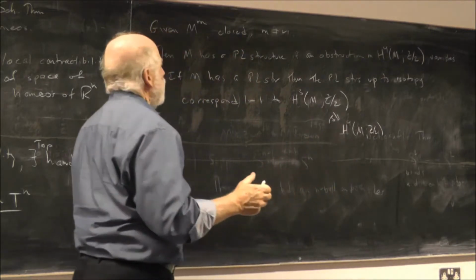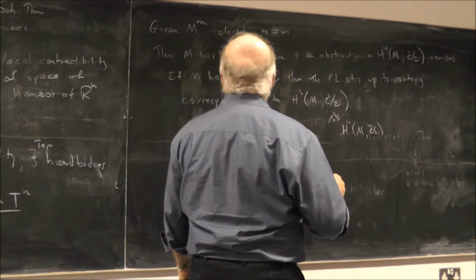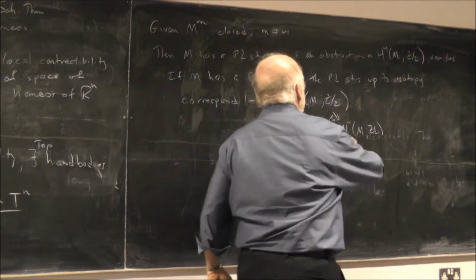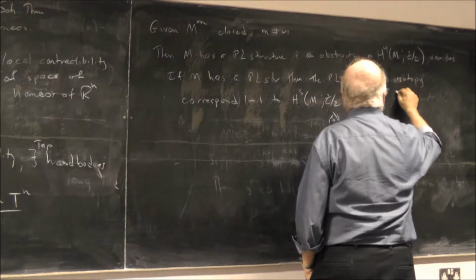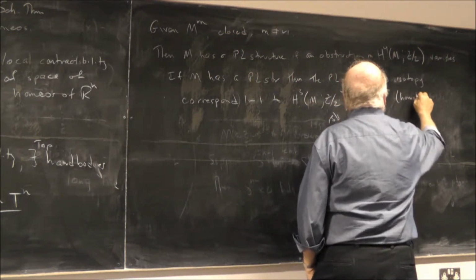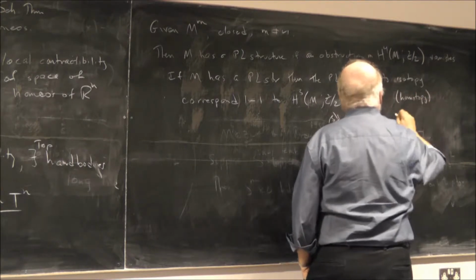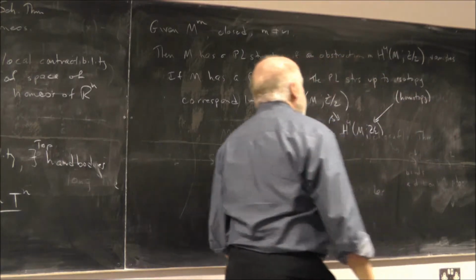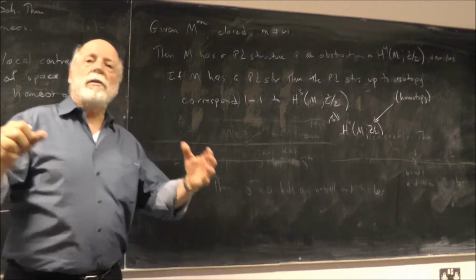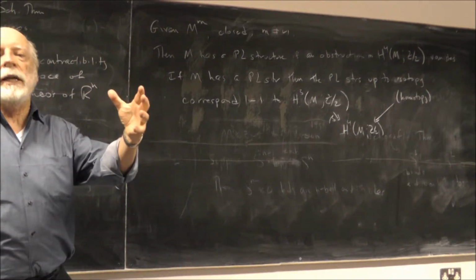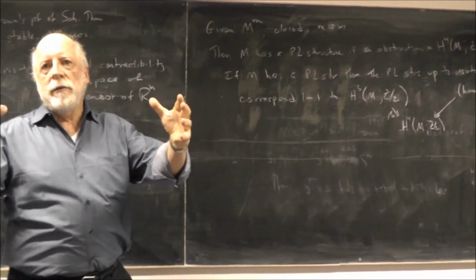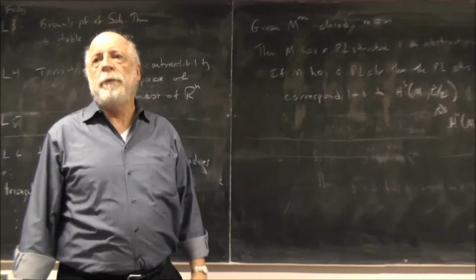Let me write that down. So you replace this with homotopy, and that corresponds to that obstruction. So it's easier to take this homeomorphism and homotope it to a PL homeomorphism than it is to isotope it.